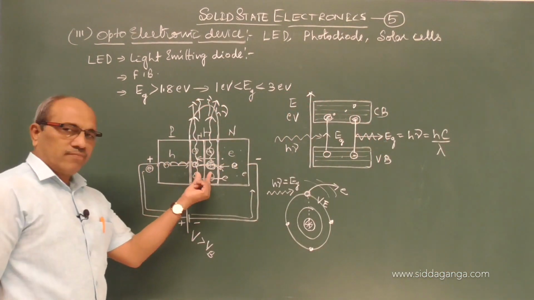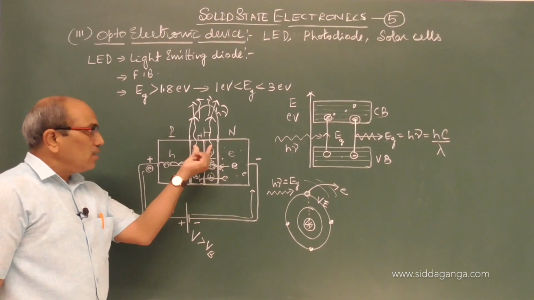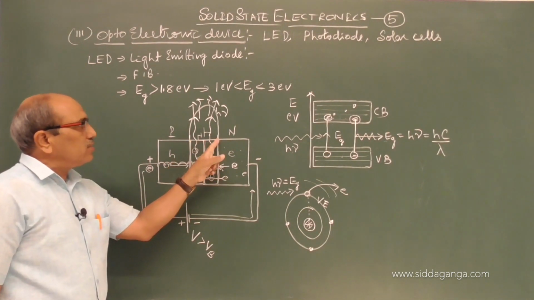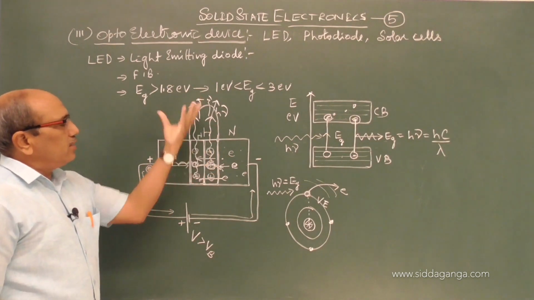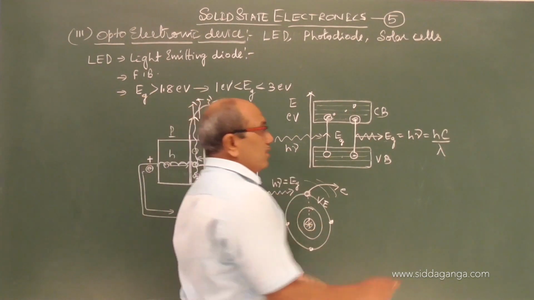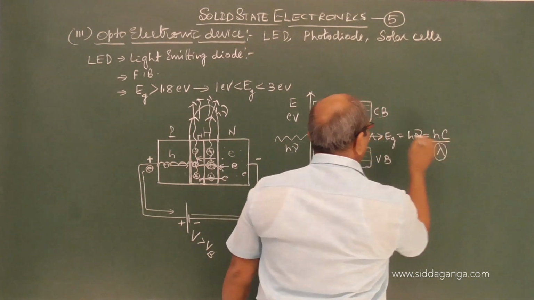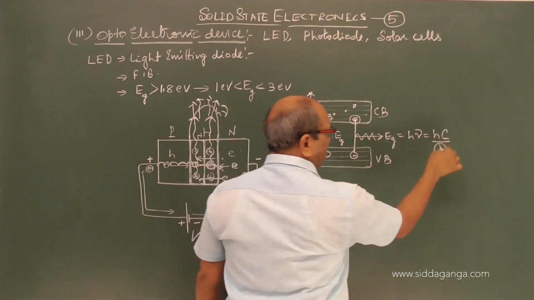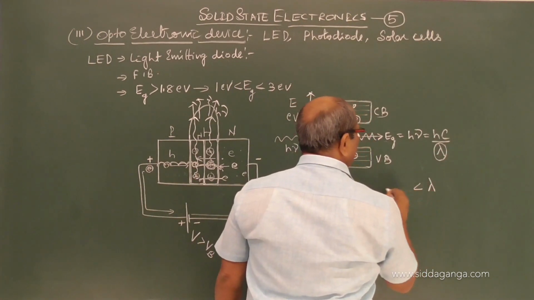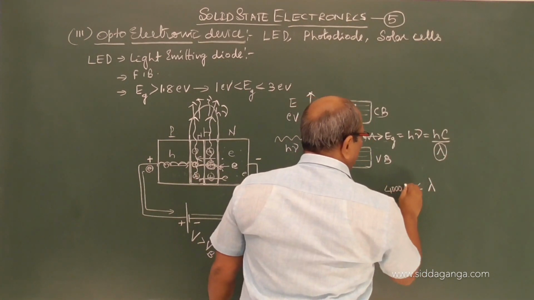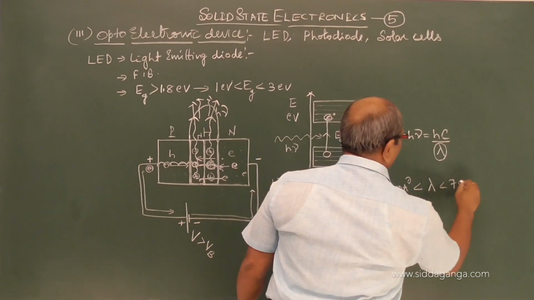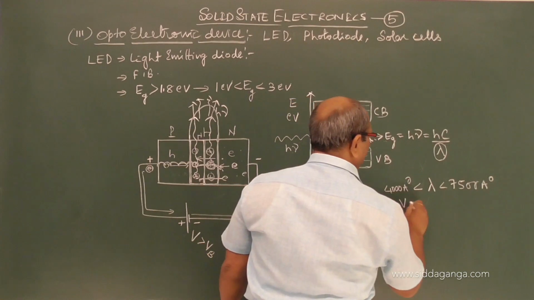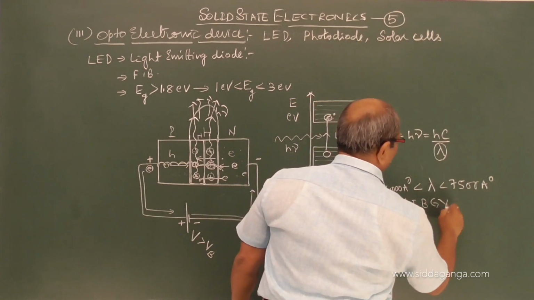That is happening. If you make this layer thin, very close to the surface, and make it transparent, then we will get the light energy. The wavelength corresponding to the energy gap should be in the visible region, that is 4000 angstrom to 7500 angstrom, starting from violet up to the red color.